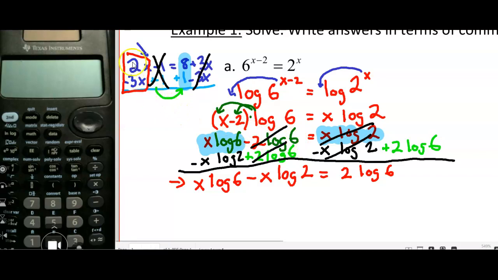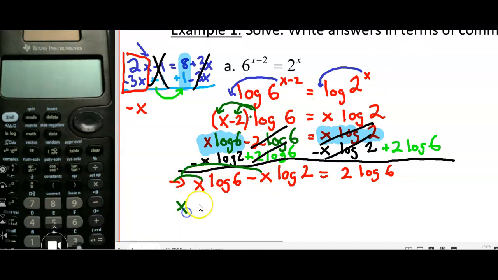Now we need to get x equals, right? Because on this one up here, 2x minus 3x, you just get negative 1x, and you have a single x. But right here, we still have two x's. So in the same way that we distributed the log of 6 earlier, I'm going to anti-distribute, or factor out, the x. So I'm going to take the x out.